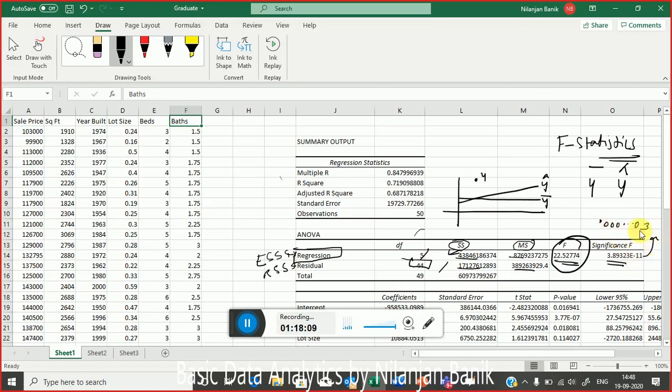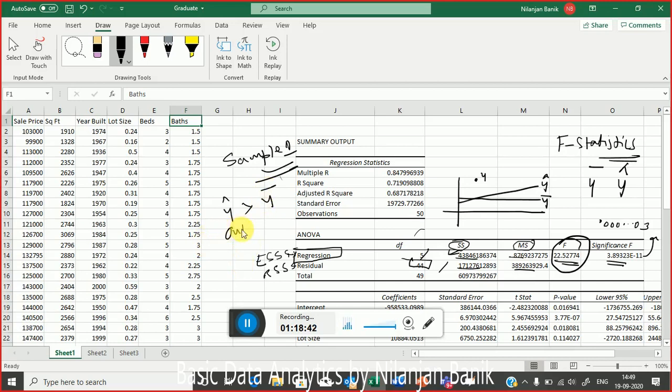This means that, because this is one sample, sample 1, because I have just collected this data from one locality, if I collect this data from different localities and run the regression, let's say 100 times, this significance F is saying that out of 100 times I run this regression, I will find y hat is better than y bar.